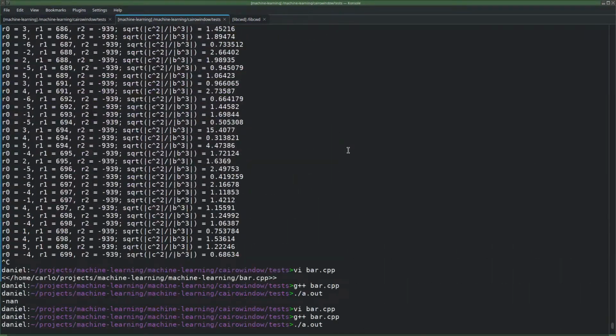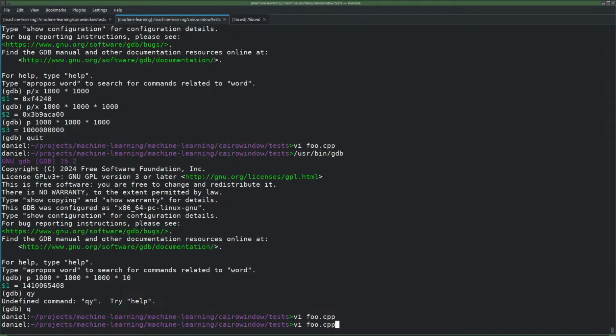And it was printing this. Let's just test that.